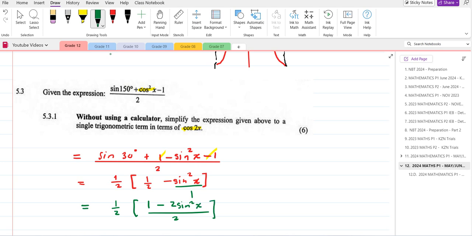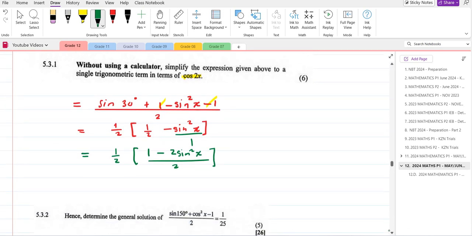And 1 minus 2 sine squared x is cos 2x, and half times half is quarter. Quarter, what is 1 minus 2 sine squared x? 1 minus 2 sine squared x is cos 2x. So I hope you guys understood that.